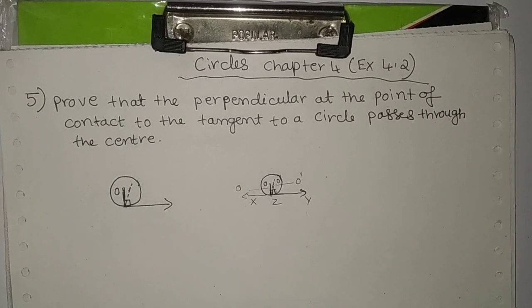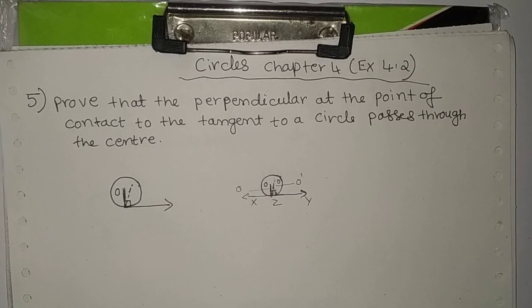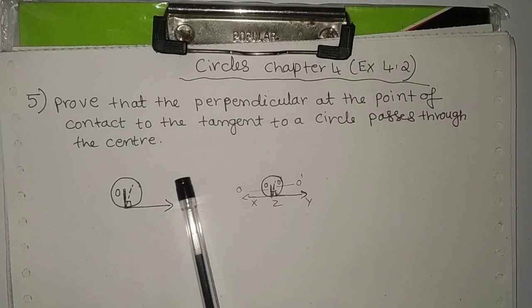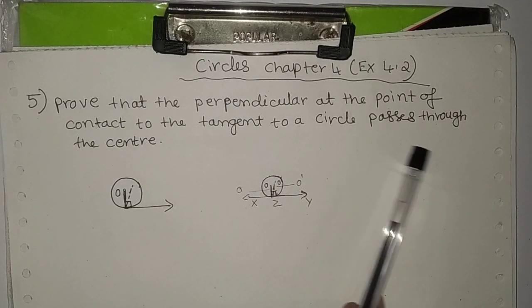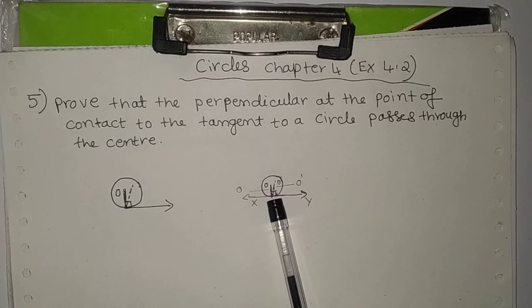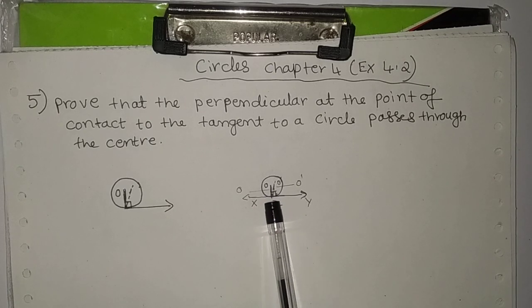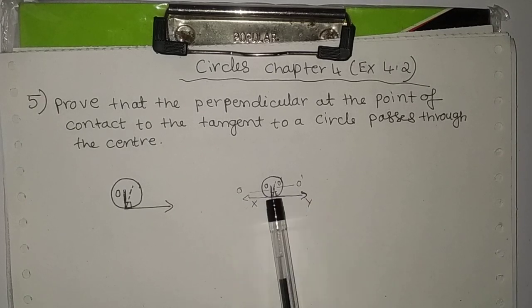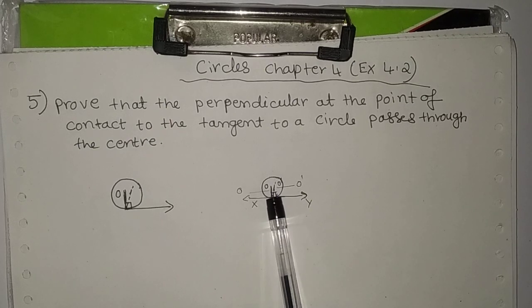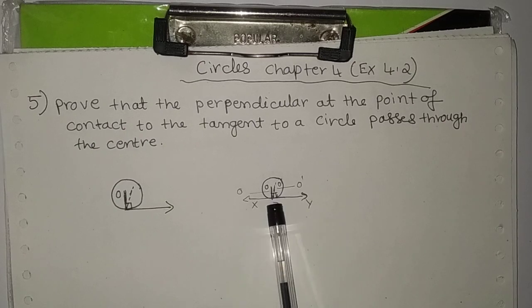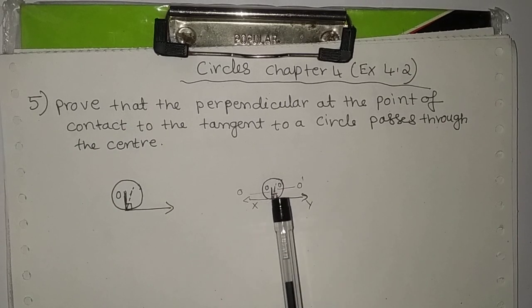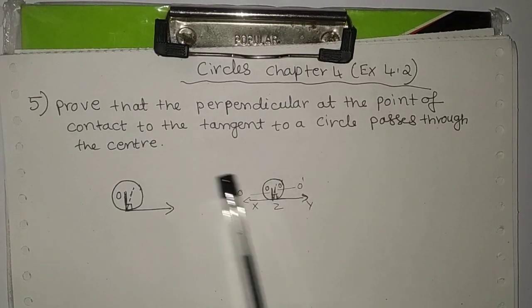The fifth problem given is: prove that the perpendicular at the point of contact to the tangent to a circle passes through the center. See, this is the line tangent, and the line here is the perpendicular drawn to this line, passing through the center.